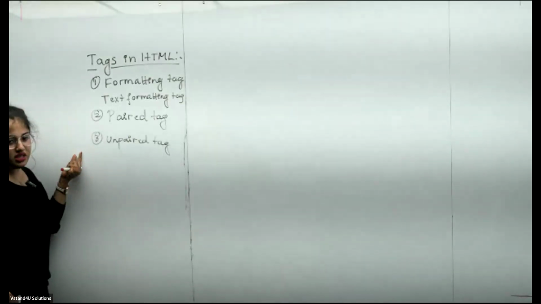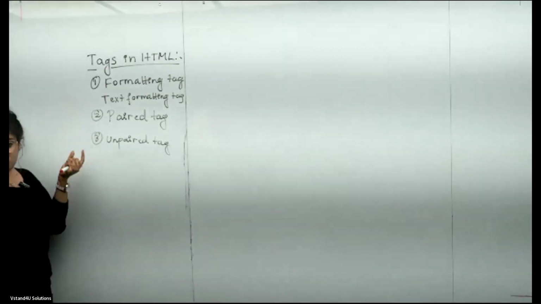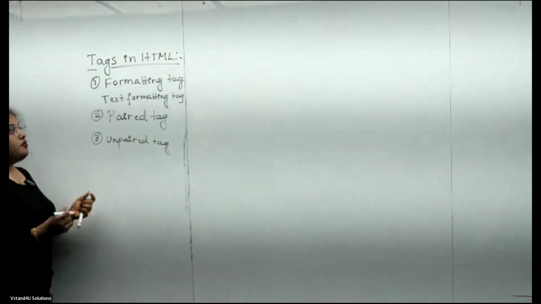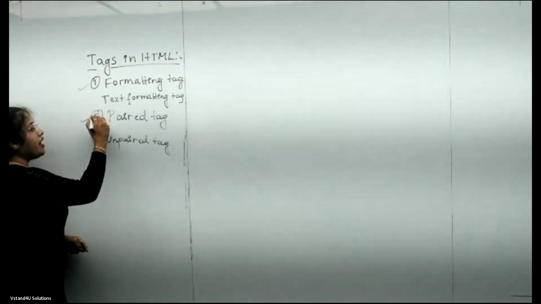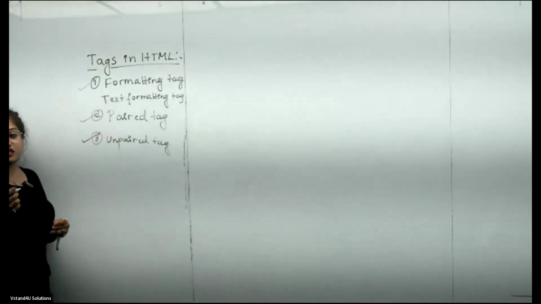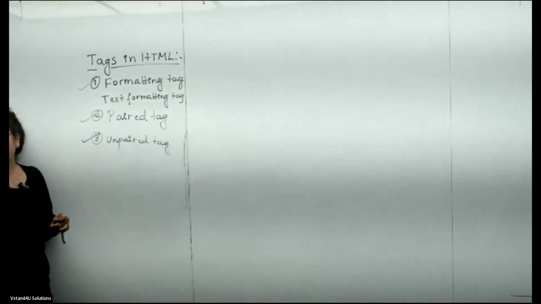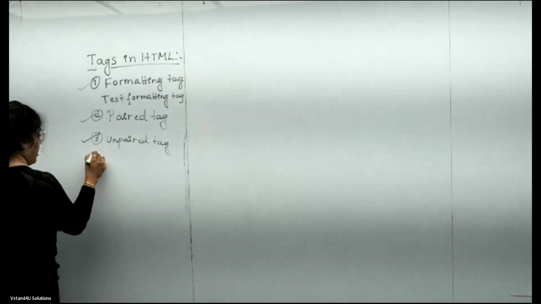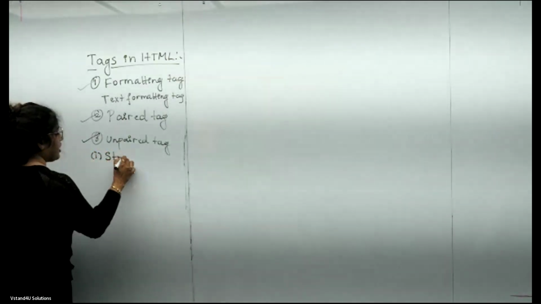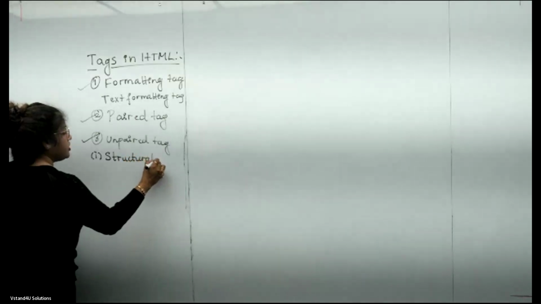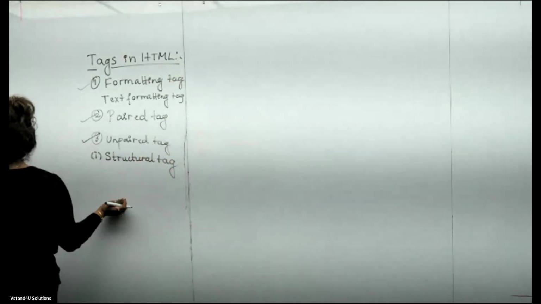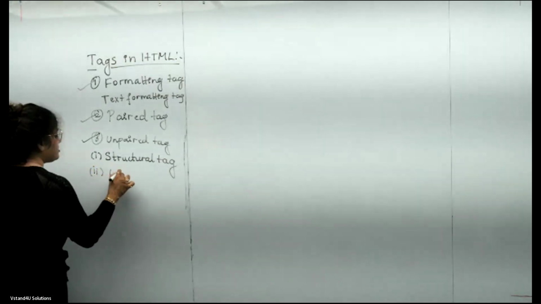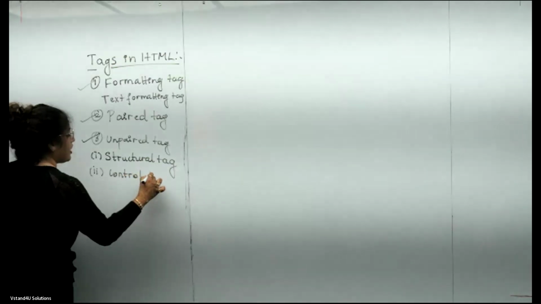Okay. So now, based on your formatting tags, paired tags, and unpaired tags, it is differentiated into three more categories. The first one is called structural tag, and the second one is called control tag.